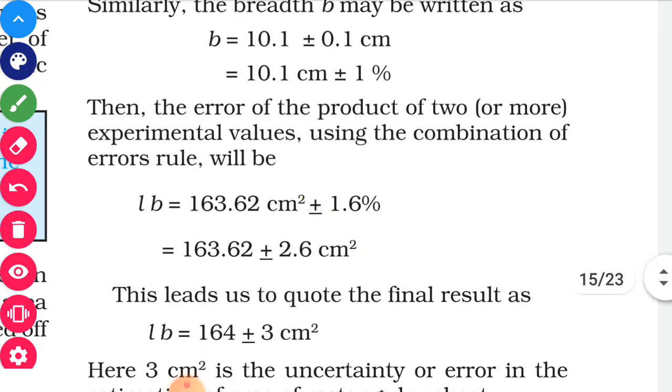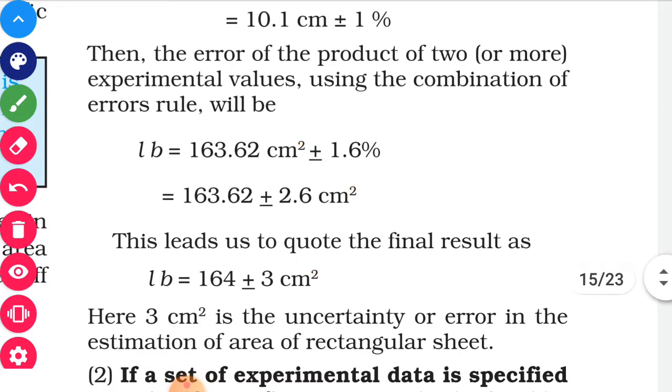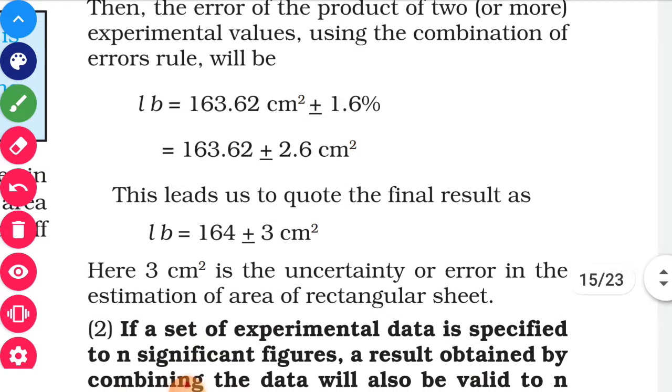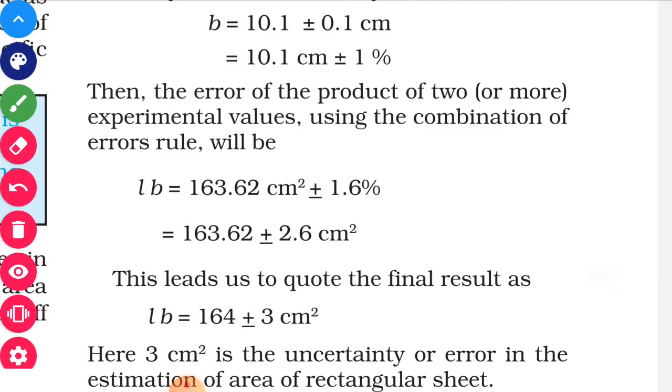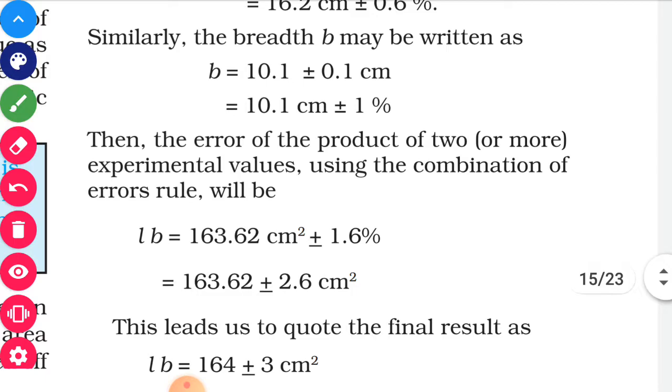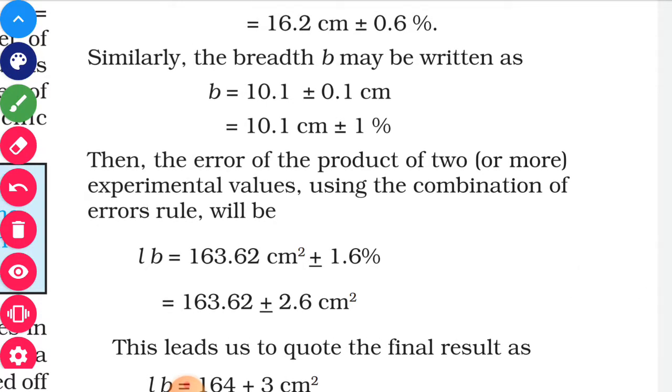Then the error of the product of two experimental values using the combination of errors: first we find L into B, so you will get 163.62, and errors are always added, because our rule says that errors are added in multiplication as well as in division. So this 1% and 0.6% will be added, so it becomes 1.6%.